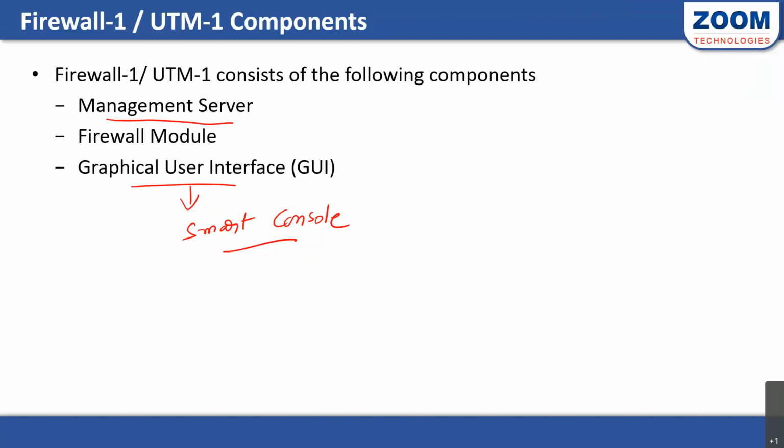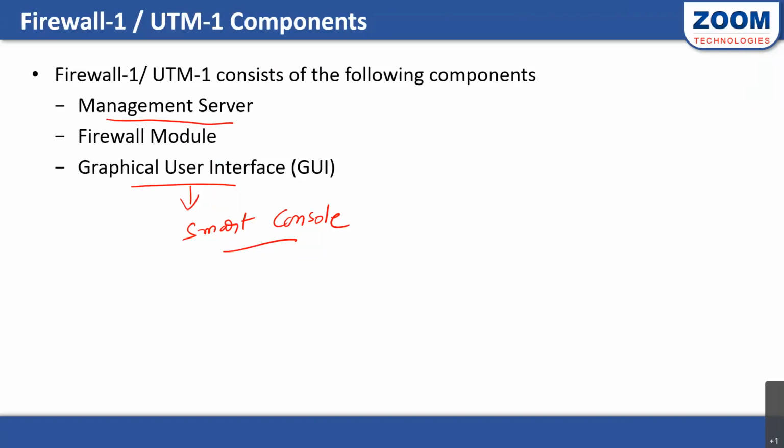So when I write a new policy, the job of a management server is to check if this policy is correct or not. Not only looking into the syntax, it is also looking into the logical concept. Whether logically is this policy correct or not. If something is wrong, it will give us a notification saying this policy cannot be implemented because this is the reason.